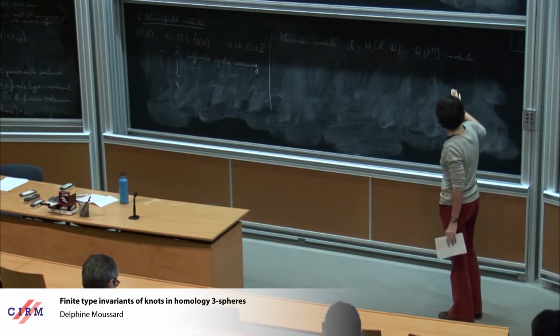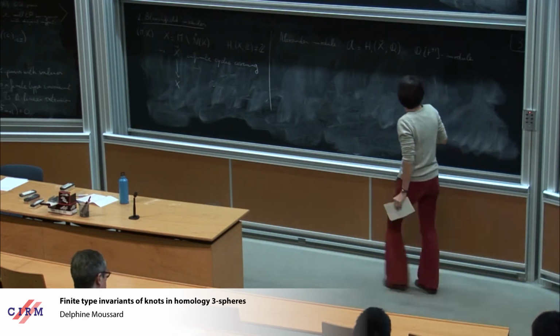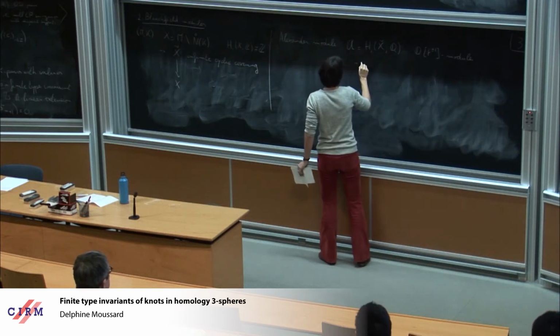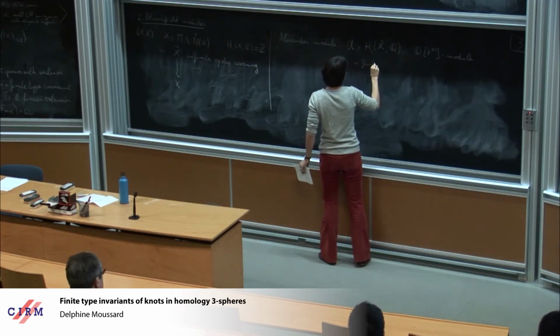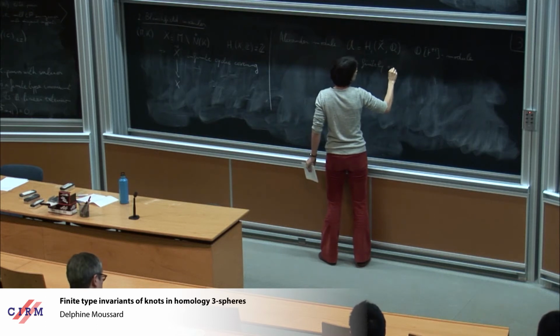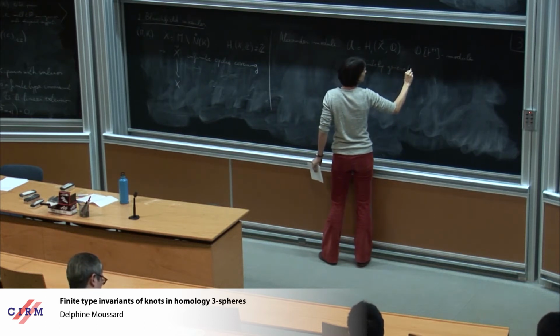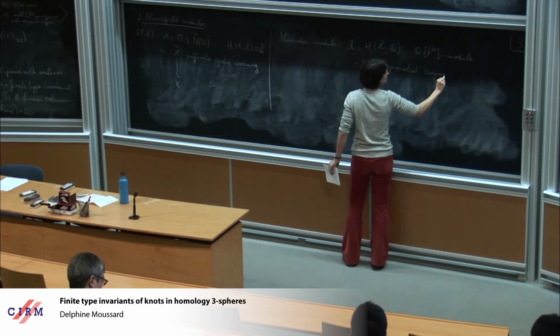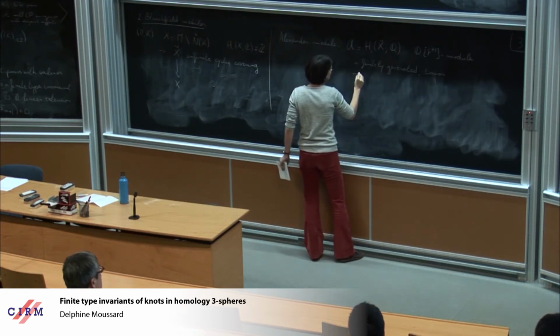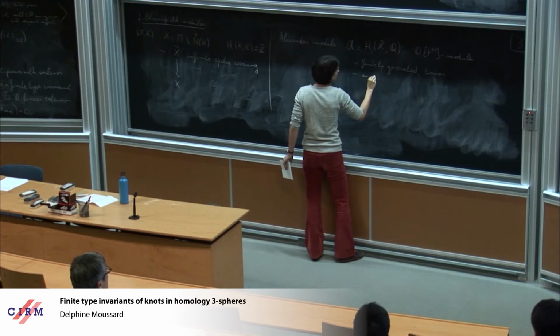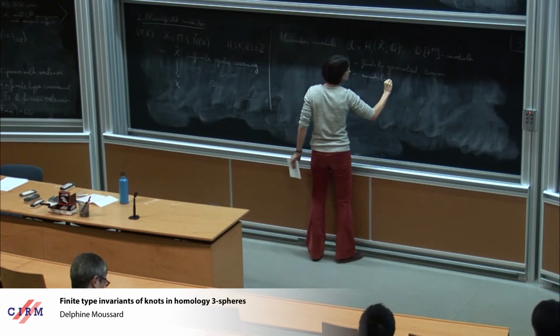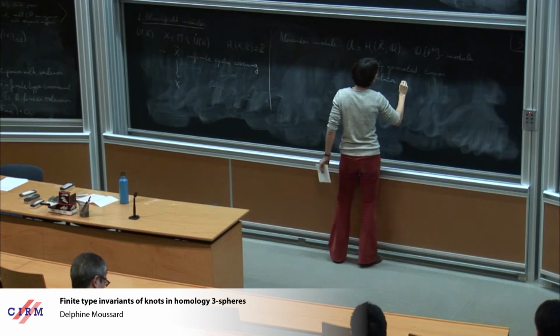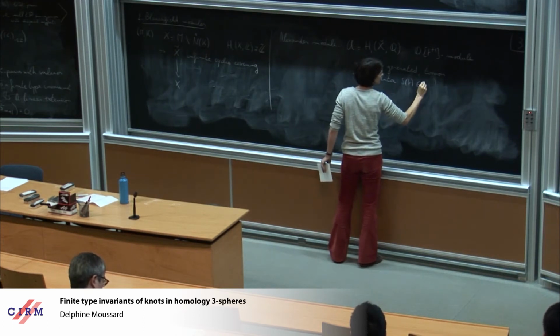This module over Q[t, t inverse] is known to be finitely generated, and it's a torsion module over Q[t, t inverse]. So in particular, we have a well-defined annihilator that I will usually denote by delta.